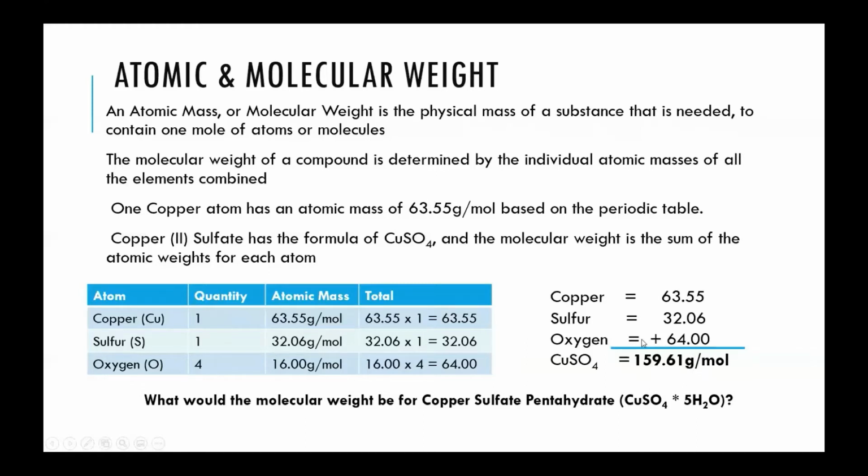This is the mass that is needed to make up 1 mole of this compound, 1 mole of copper sulfate molecules. So 6.02 times 10 to the 23rd individual molecules of copper sulfate weighs 159.61 grams.